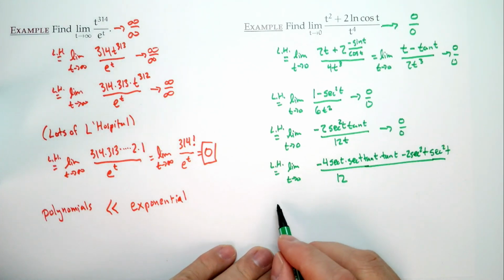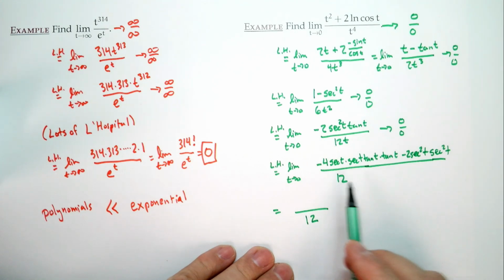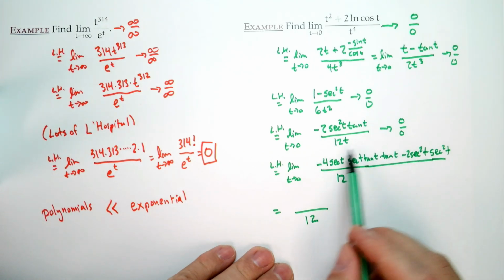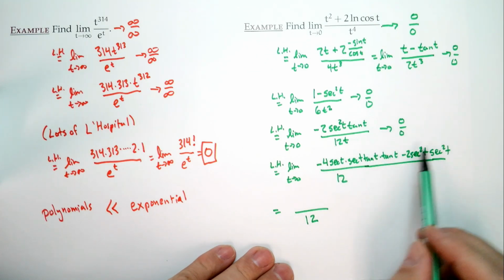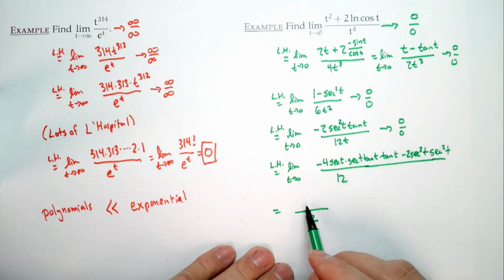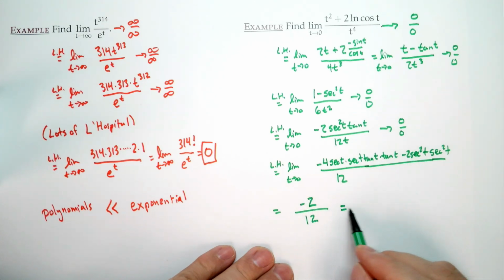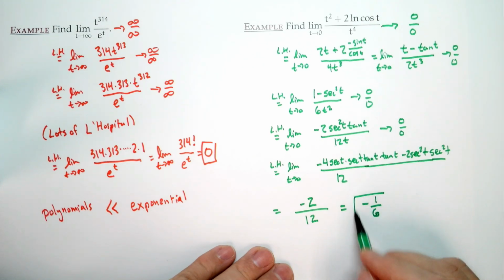And now, because we have a 12 downstairs, we're ready to write down our answer. It's 12. This term will have a tangent of 0, which means it's going away. Secant of 0 is 1, which means what are we left with? Well, that negative 2, giving us a final answer of negative 1 over 6.